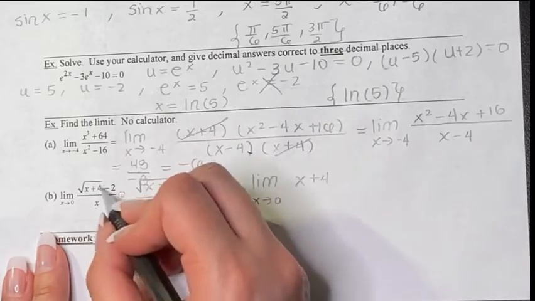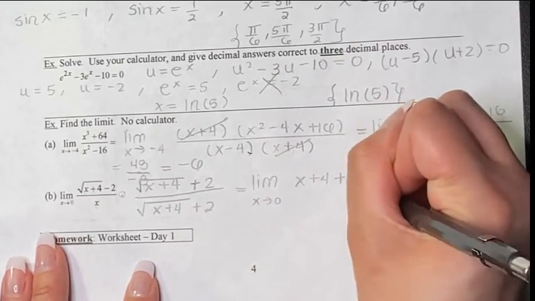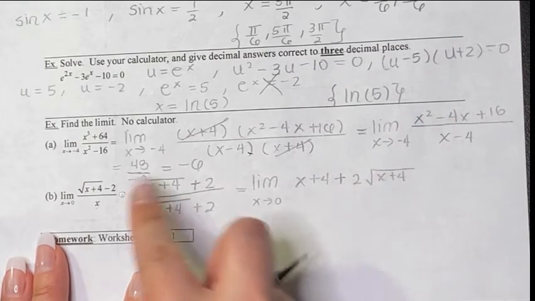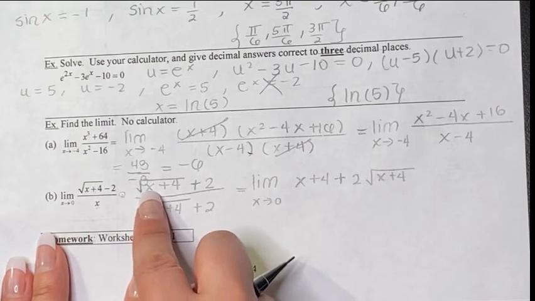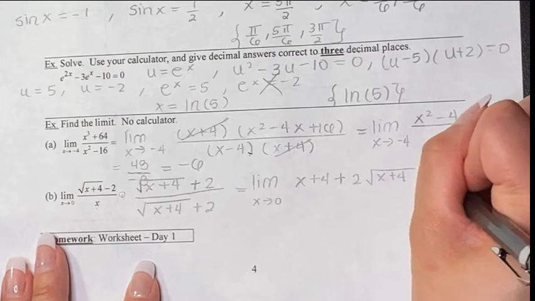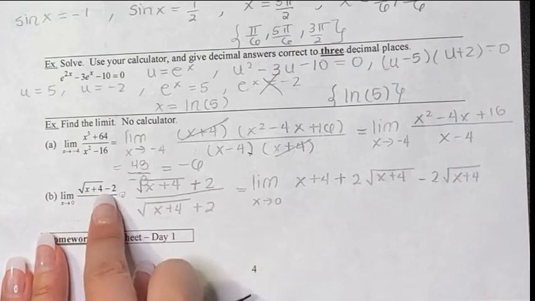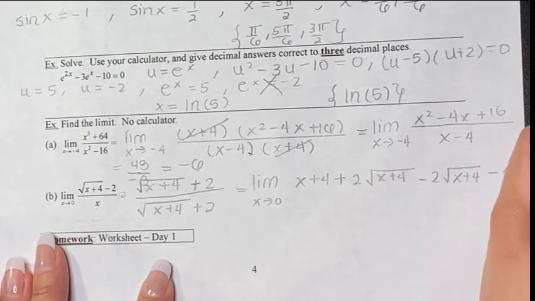So I'm going to do the whole thing. This times this is going to be +2 square root of x plus 4. After that, -2 times the square root of x plus 4, that's going to be -2 square root of x plus 4. And last but not least, you have -2 times +2, excuse me, that's going to be -4.